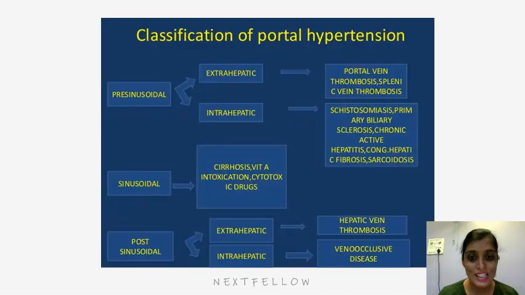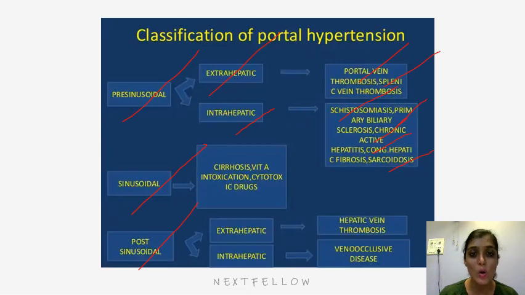Coming to the classification of portal hypertension, it is pre-sinusoidal, sinusoidal and post-sinusoidal. Pre-sinusoidal is extrahepatic and intrahepatic. Extrahepatic includes all the causes before the liver, that is portal vein thrombosis and splenic vein thrombosis. Intrahepatic includes schistosomiasis, primary biliary cirrhosis, chronic active hepatitis, congenital hepatic fibrosis and sarcoidosis.